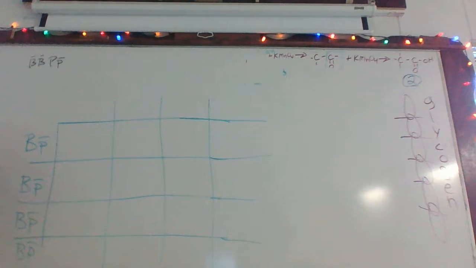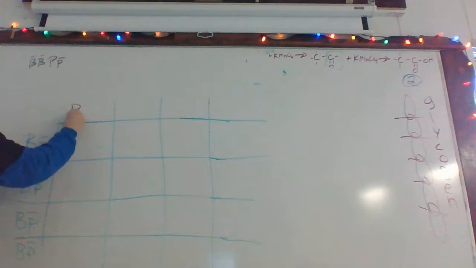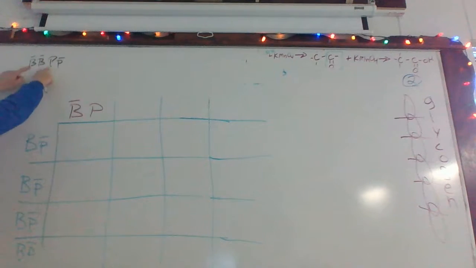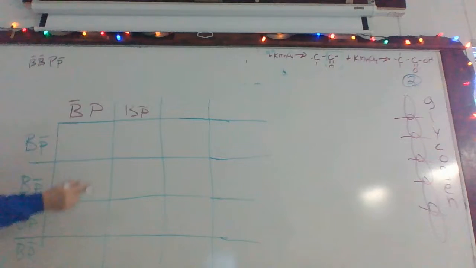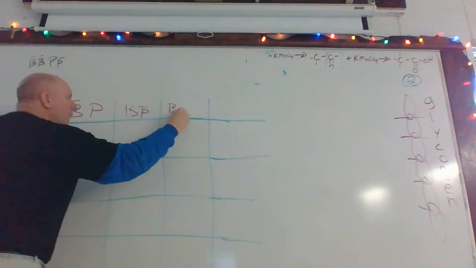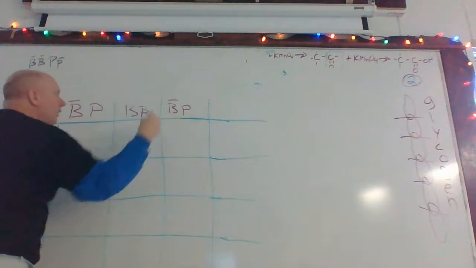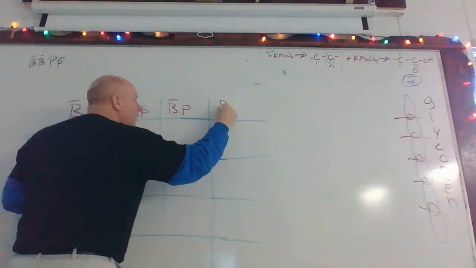Okay, so then we foil this one out and we would have a big B with a line and then a capital P. Remember, first, outside, inside, and then last.